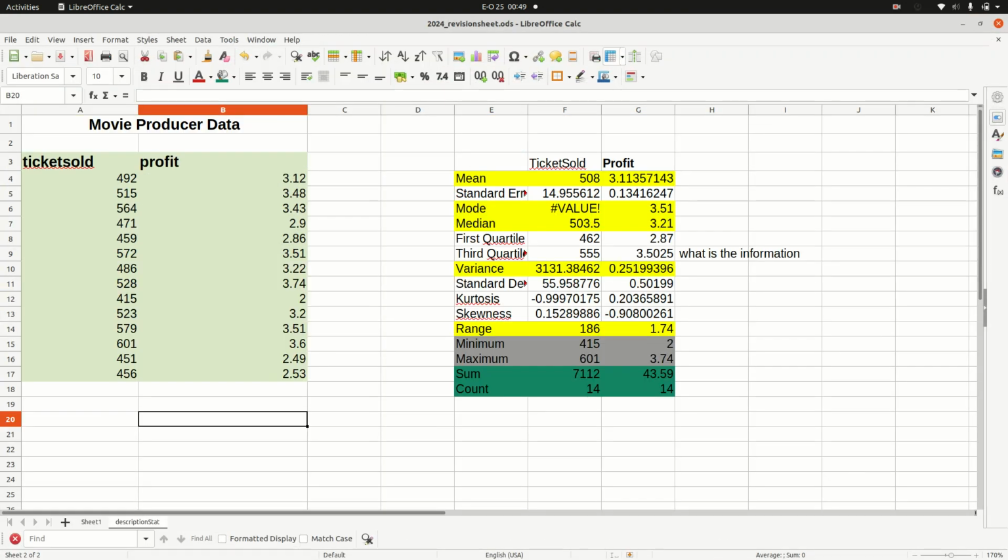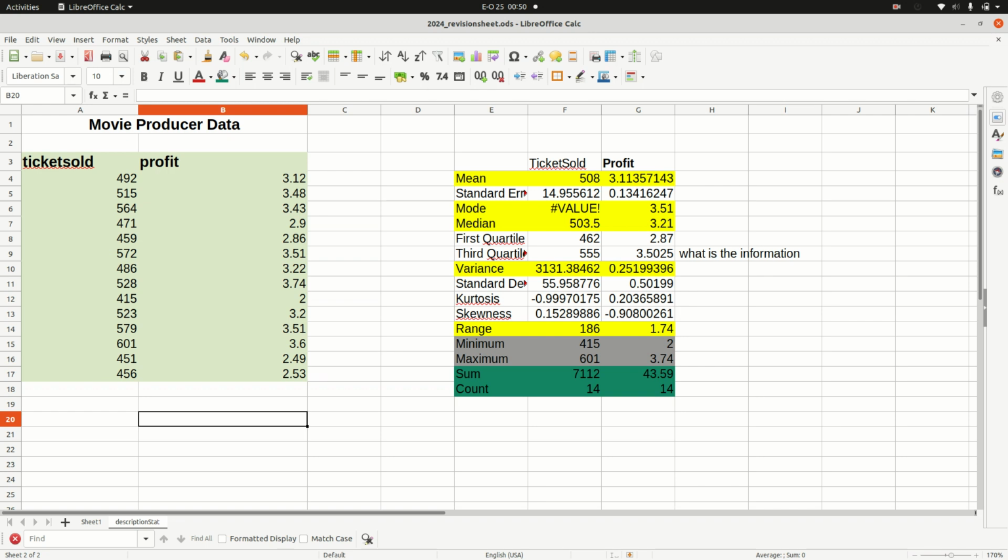Now you have to reason around this. Ticket and profit, which one depends on the other? You can argue out your own statement if it's not provided, but I believe that my profit depends on the number of tickets sold. So the number of tickets sold has an effect on the profit margin.